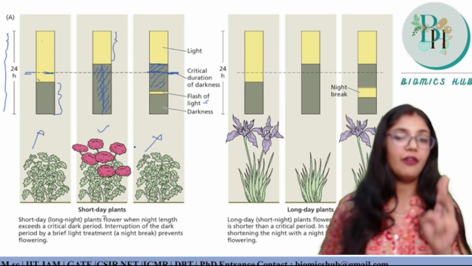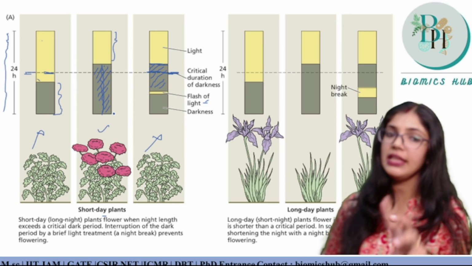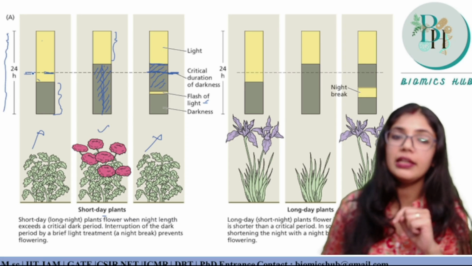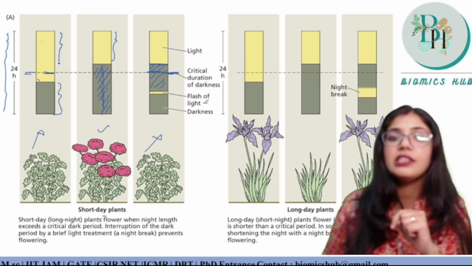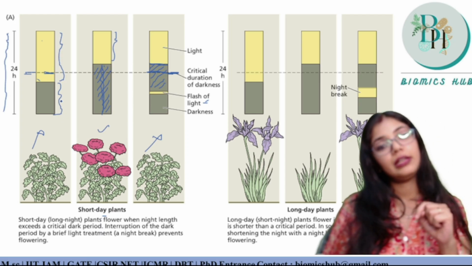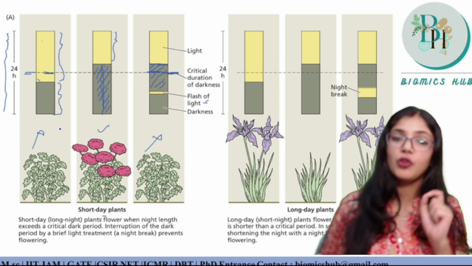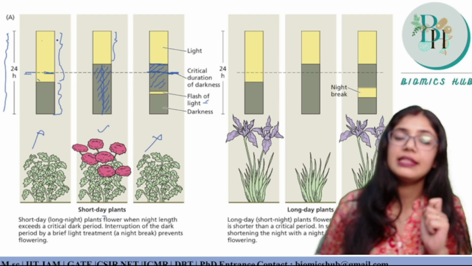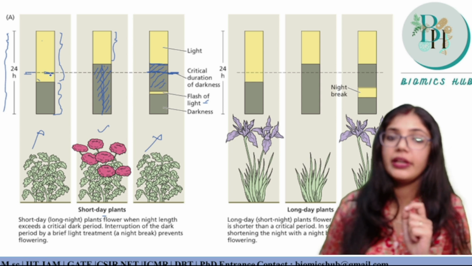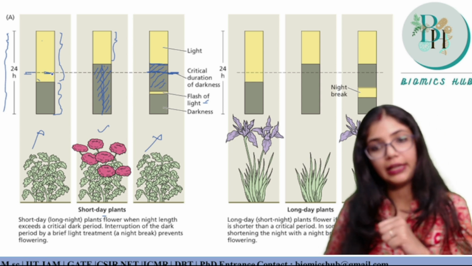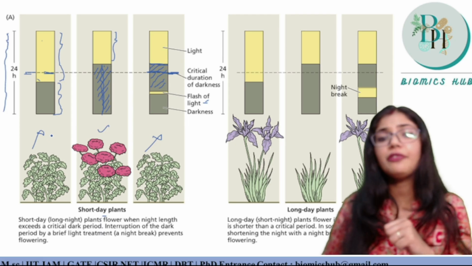So in this part we have discussed three things. The first one is that the critical period is not reached. Here the day length is more as compared to the night, but a short day plant requires less light as compared to the critical duration of darkness. So there was no flowering.